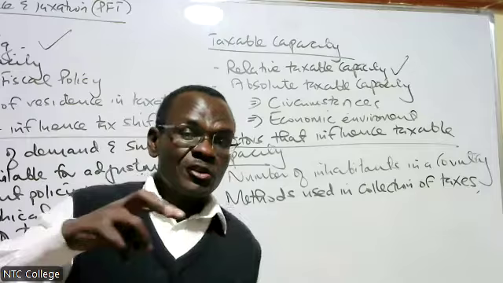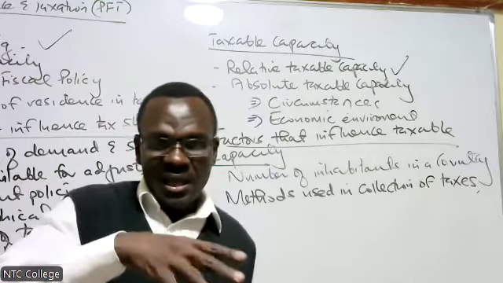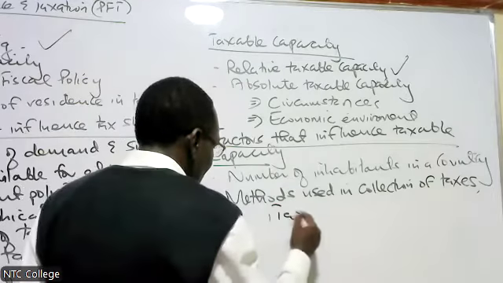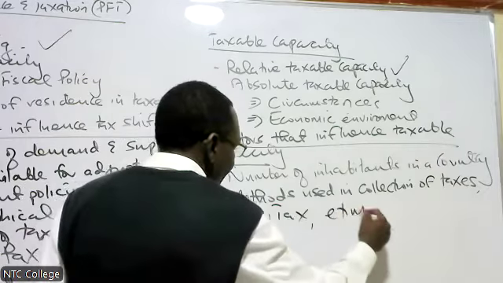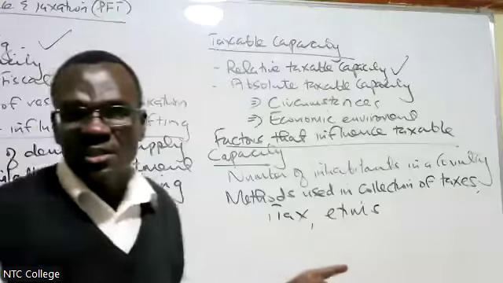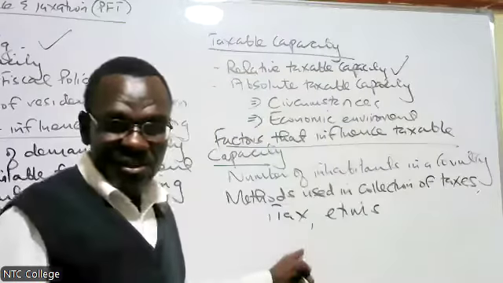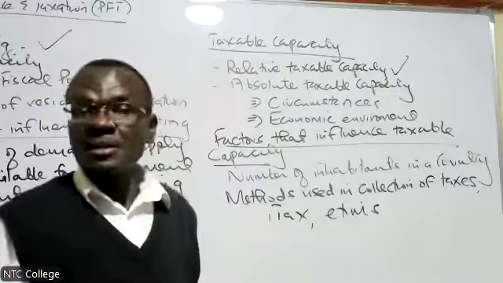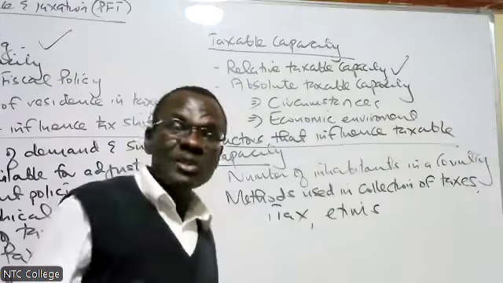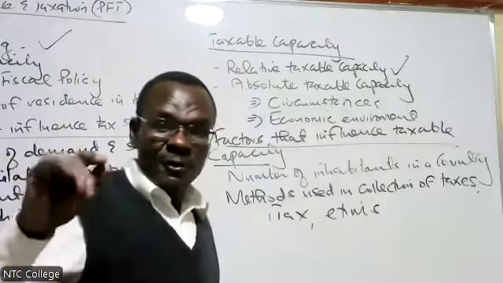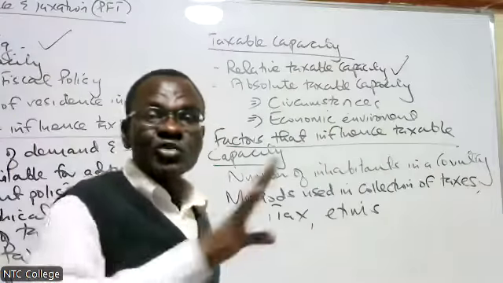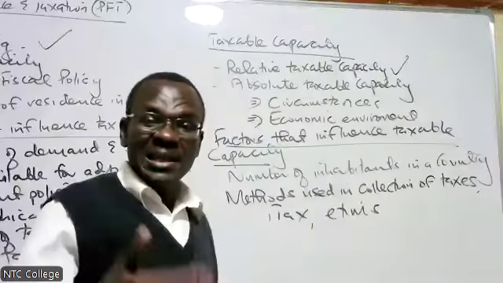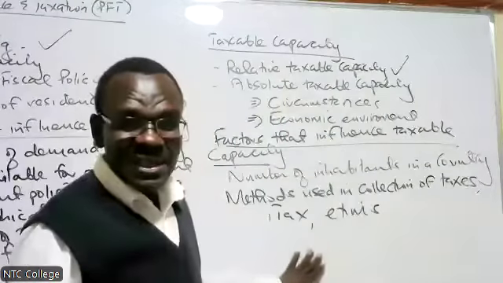Then we also have introduced technology like iTax and eTIMS. When iTax was introduced, it has a database, so it gives a lot of information about taxpayers. So it makes it easier for KRA than before to track down those who are involved in tax evasion. So if you keep filing nil returns, the database has a memory.